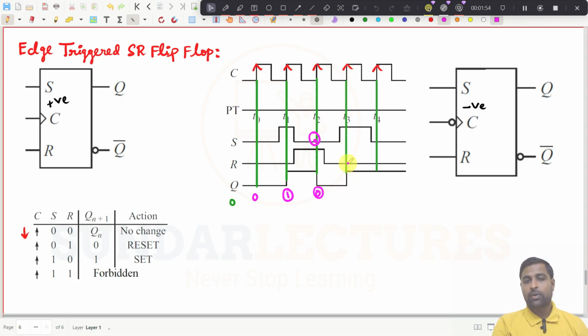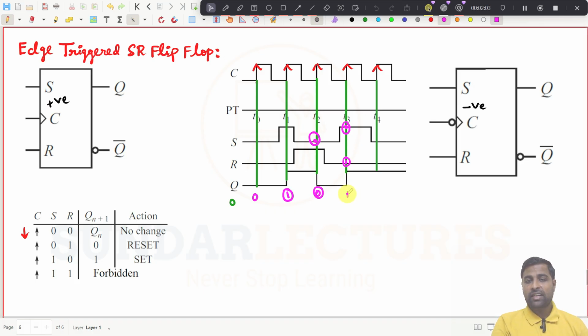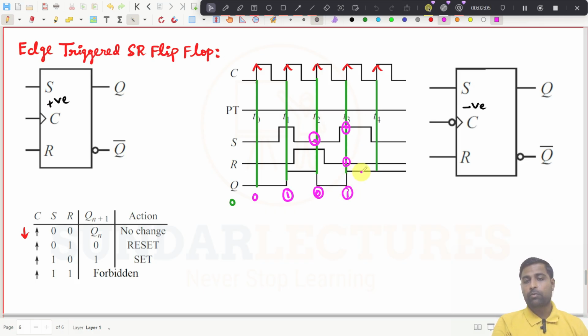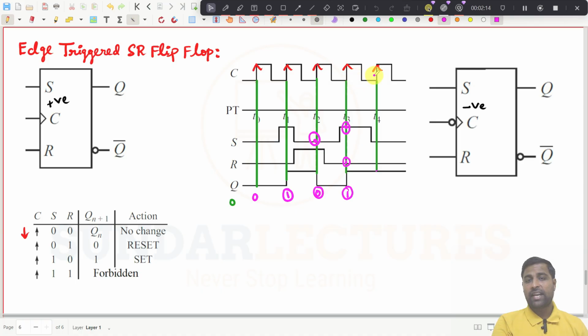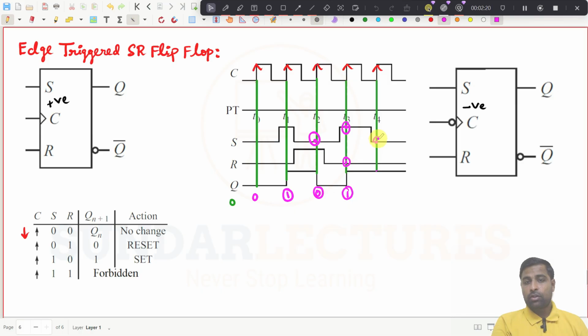Next rising pulse occurring here, and at this point S becomes 1 and R becomes 0. So it is a set condition, so output becomes 1. The output becomes 1 here at this point, and until this point it will hold on to 1. It is never going to change the output because the rising clock pulse is occurring at this point, and at this point it is going to see S is equal to 0 and R also is equal to 0.